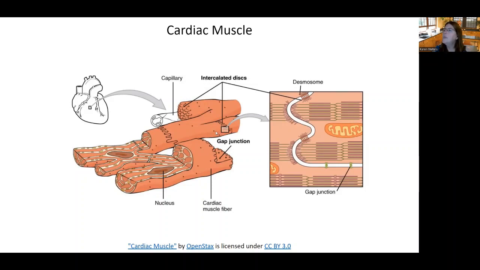And what they do is they have gap junctions, which allow us to send sodium ions or other ions right from one cell to another. So we get basically an electrical event that goes right from one cell to another. And there are some adhesion junctions that are just holding the tissue together.